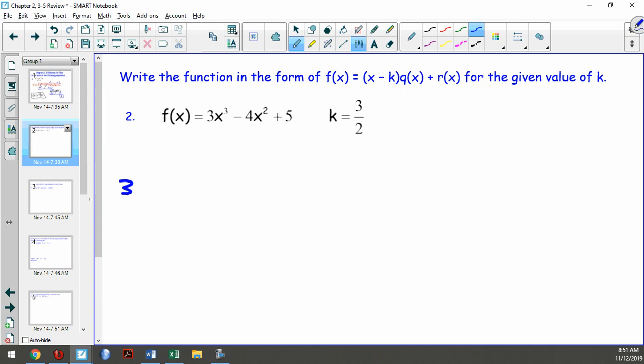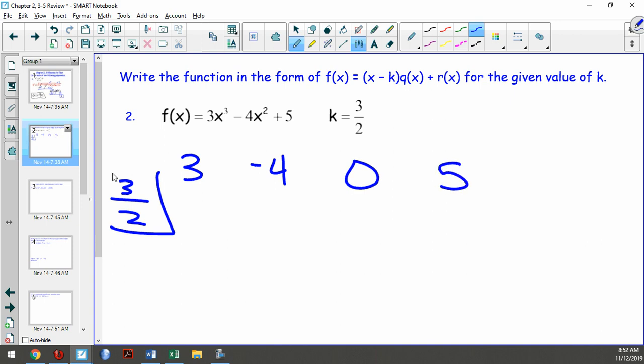So I'm going to have synthetic division. 3 over 2 goes inside the box. 3x cubed minus 4x squared plus 0x plus 5. Did you see how I put the placeholder in there? And I promise you, tomorrow on the test, you 100% are going to have a 0 as a placeholder in there somewhere. You with me?